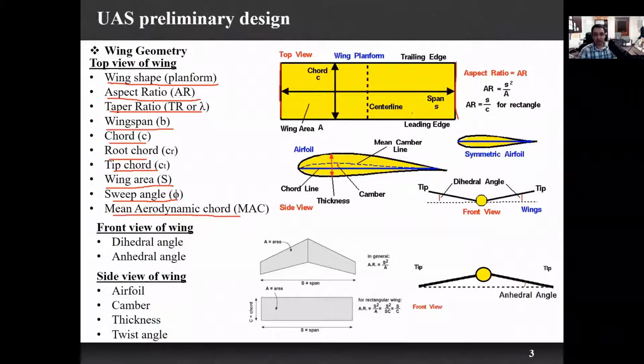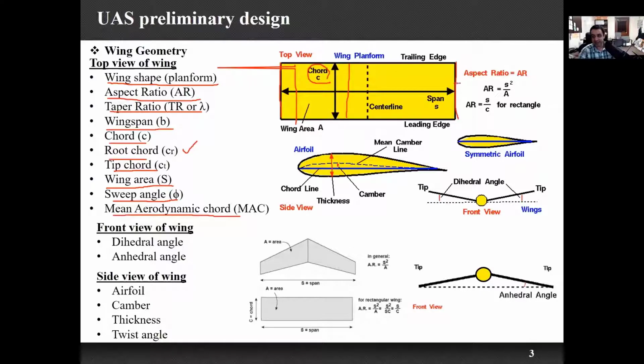Going back to the presentation, we also have the chord lengths. These are all chord lengths of the wing, as we can see here. The chord length at the middle of the wing is called the root chord. This is the root chord, which we show with CR.